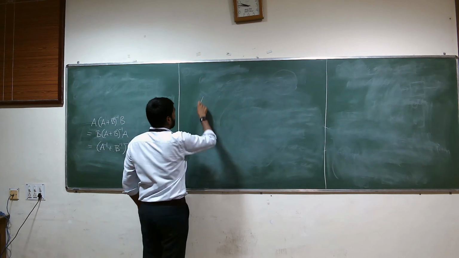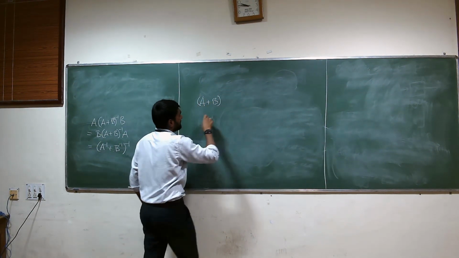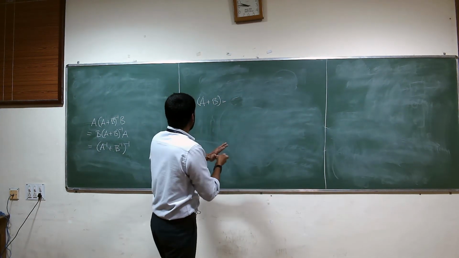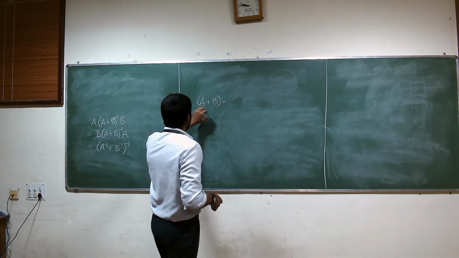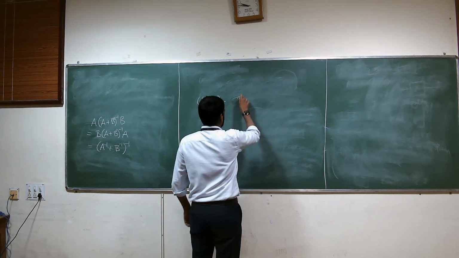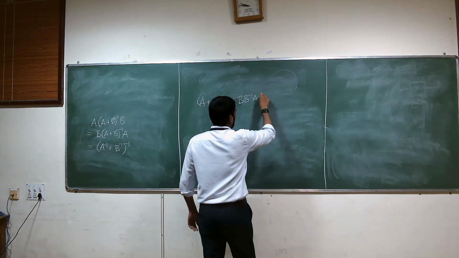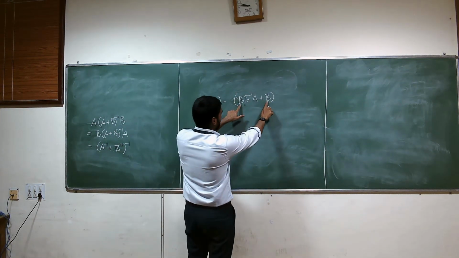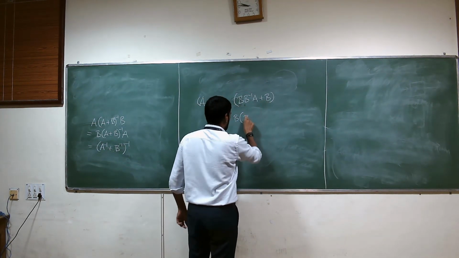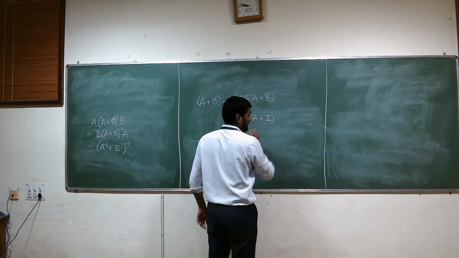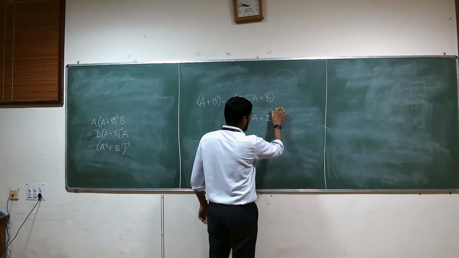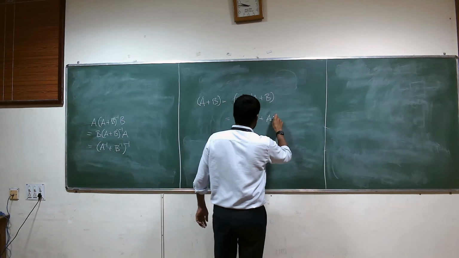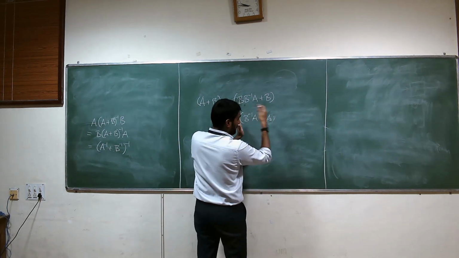See, the first one, if you have a plus b, if you take b out, right? Or no, let's do it this way. Let's write it like this. I can write it like this, right? B inverse is I. Now, if I take b out, then I get this, right? But I can write this as A inverse. What do I want? I want a plus b, so I'll write it as a. Well, A is on the right hand side.